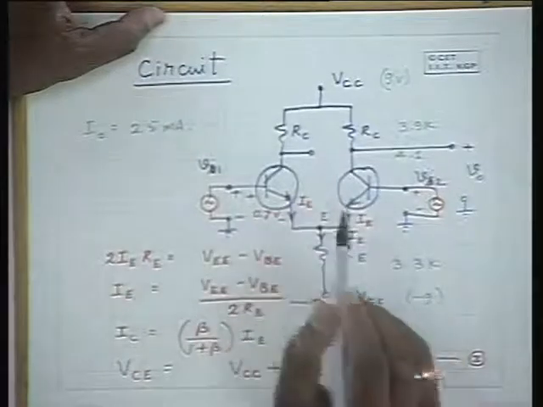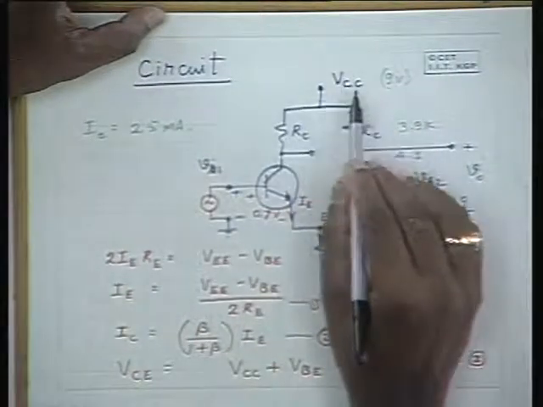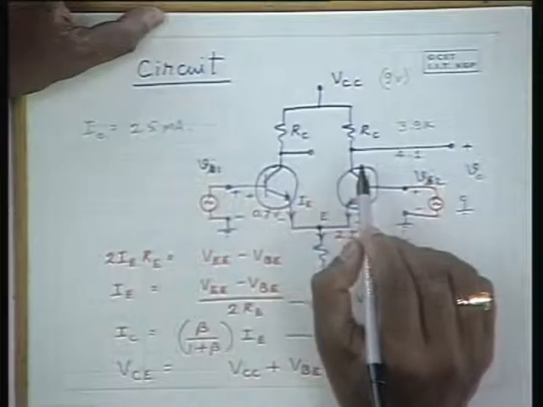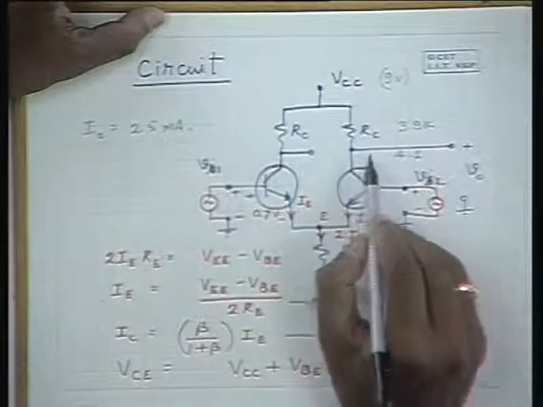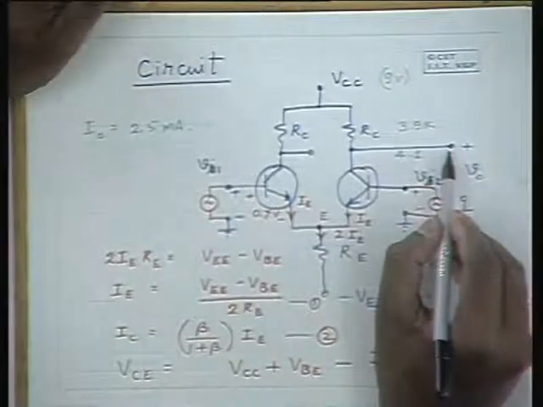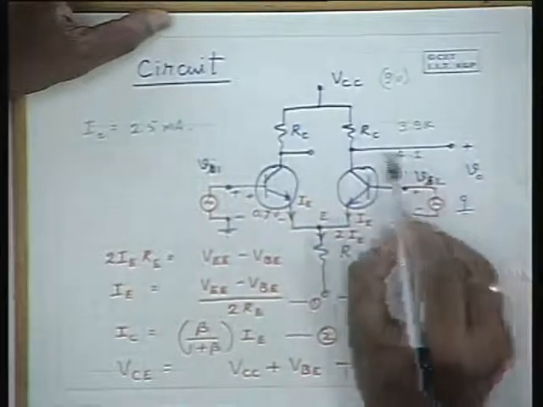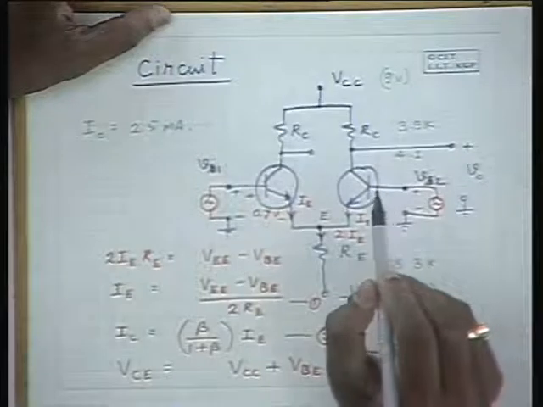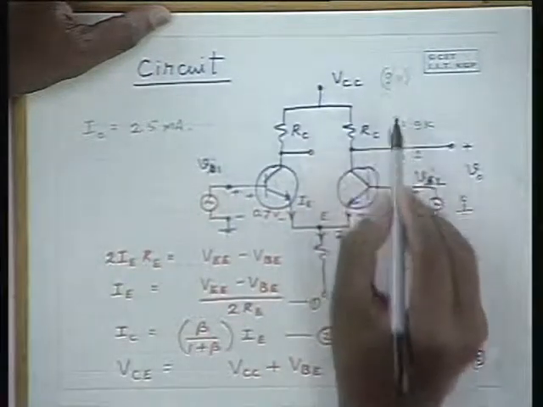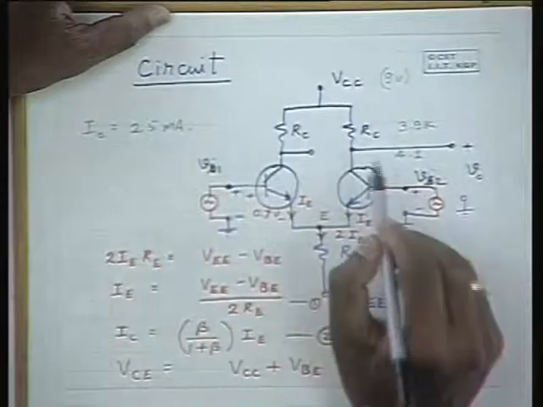In doing so, please note that the output voltage here is equal to VCC minus RC into IC, where IC is the biasing current, and this voltage is not biased to be 0 because it becomes difficult to bias it around 0. So if this is a 12 or 9 volt supply, this may be some 4 volts or 5 volts.